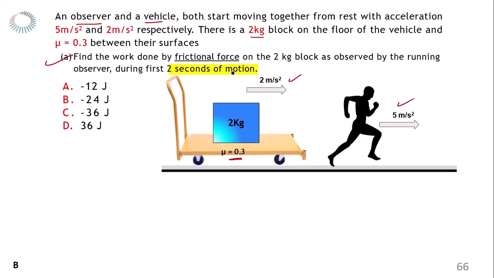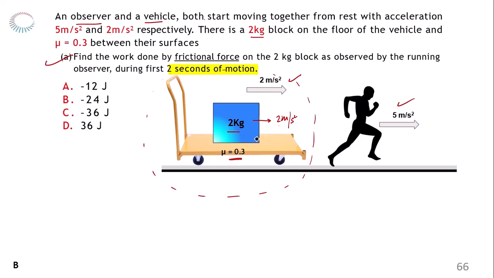First of all, you have to identify what the friction force is. Since the entire car is moving with 2 meter per second square, if I assume the 2 kg block is also moving with 2 meter per second square acceleration, what is the requirement of friction then? Force is 2 into 2, that is 4. So I should apply a force of 4 Newton on this particular system.